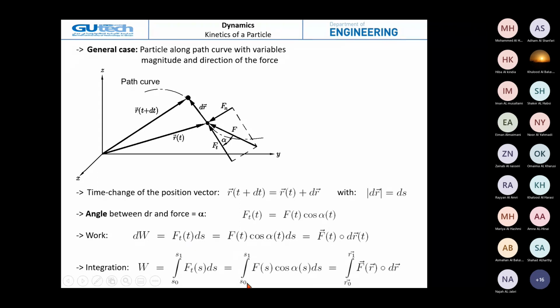Then we integrate from S0 to S1, or if we represent it by the dot product, we integrate from r0 to r1, and this expression F cosine alpha ds is only F dot dr.